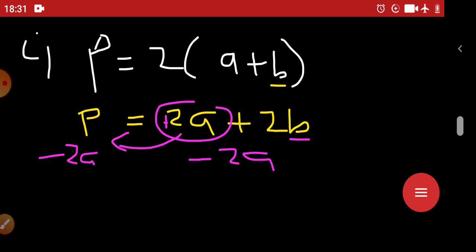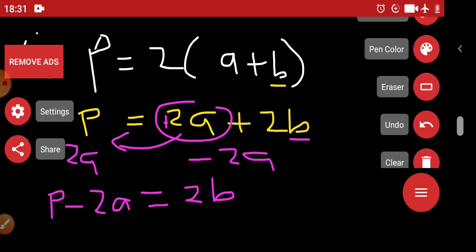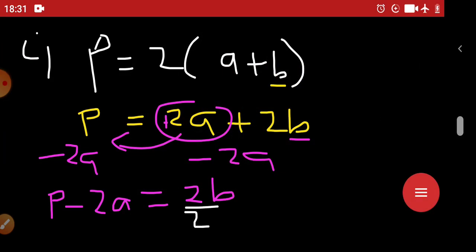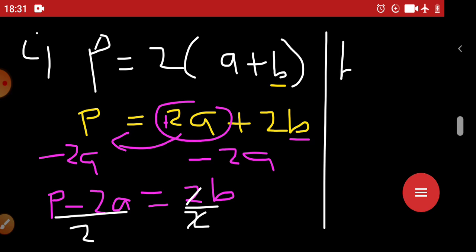From the left hand side we have P minus 2a, which is equal to 2b. Now our final step is to divide by 2 both sides, so this cancels this. So our final answer now will be b is equal to P minus 2a all over 2. So this will be our final answer.